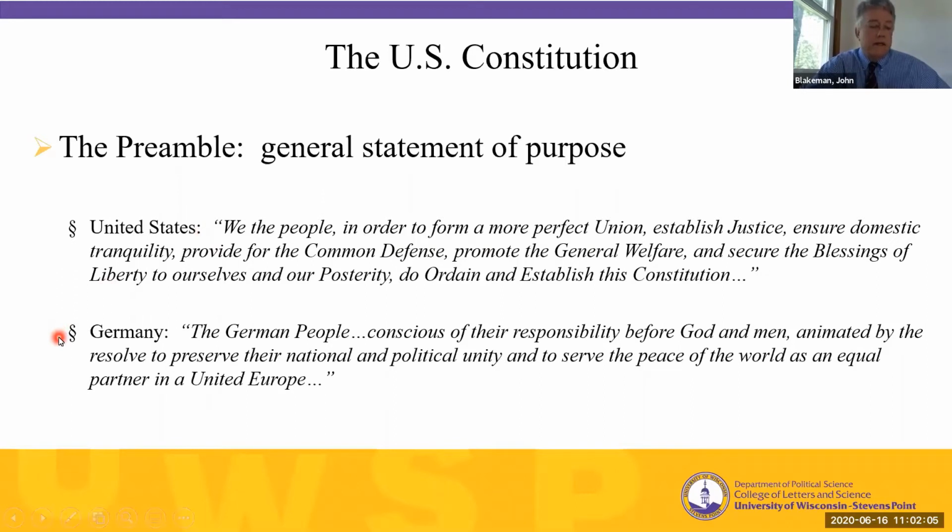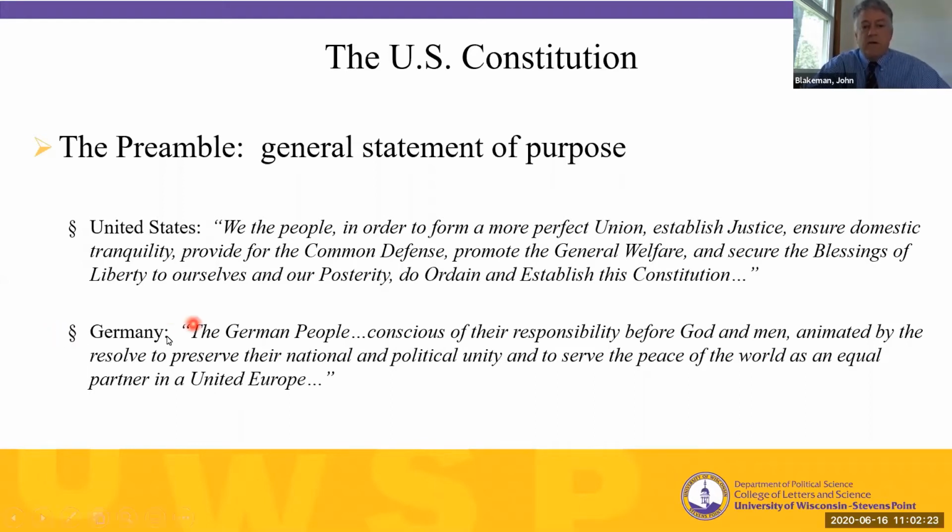Now here, it's always good to compare, and this is the preamble to the German Constitution, 1949, after World War II. Back then, it was called the German Basic Law. It still is, but the Germans also referred to it as their essential constitution.